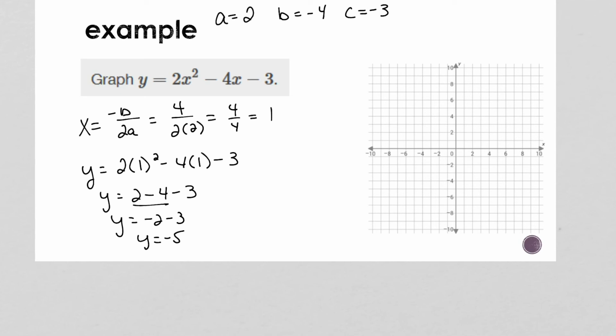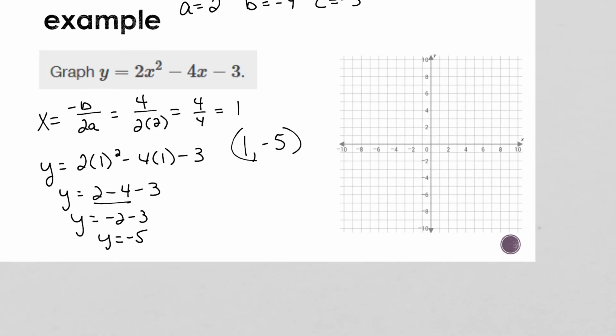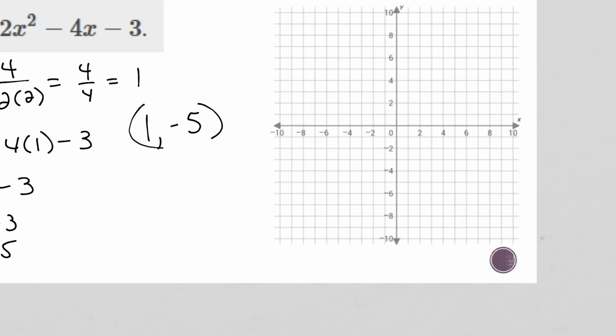So our vertex is at (1, -5). All right, let's draw that vertex. (1, -5) is right here. That also means that our axis of symmetry goes through that point. All right, there's our axis of symmetry right there.